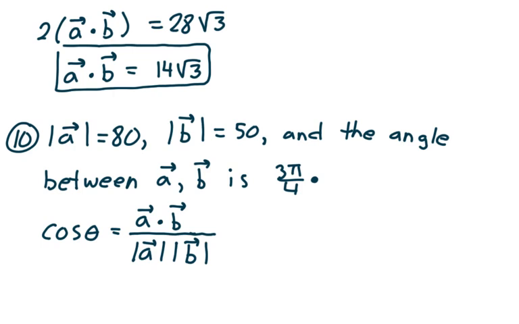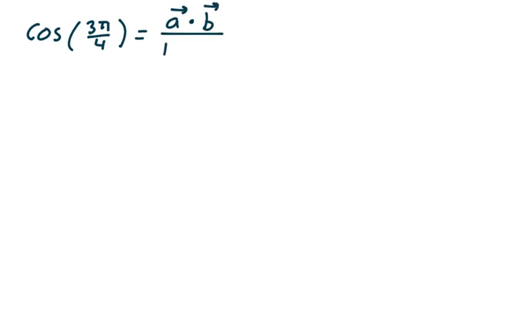We don't know the dot product of A and B. We do know that theta in this problem is 3 pi over 4, okay? So I'm going to write cosine of 3 pi over 4 on the left side. And on the right side, I get A dot B divided by the magnitude of A times the magnitude of B.